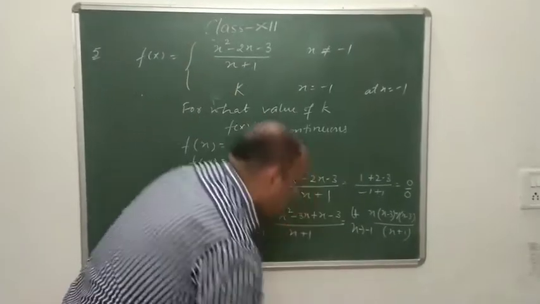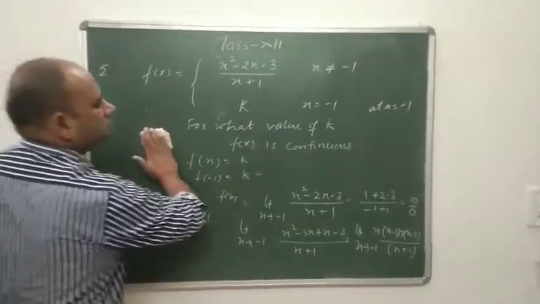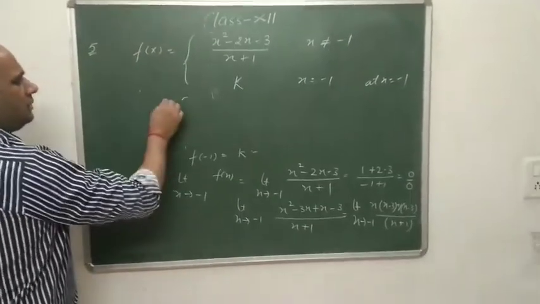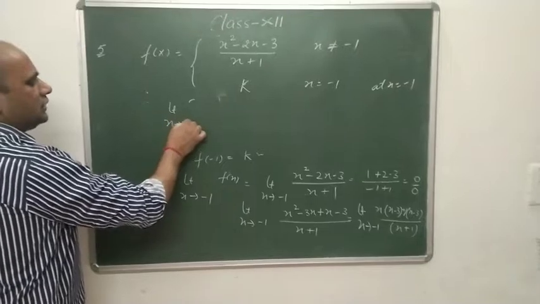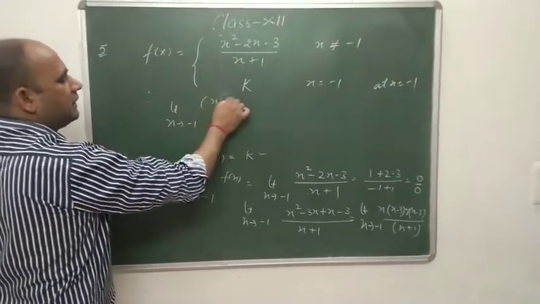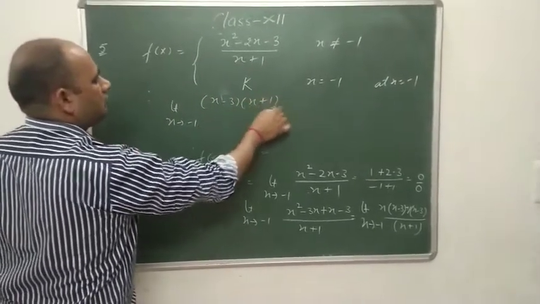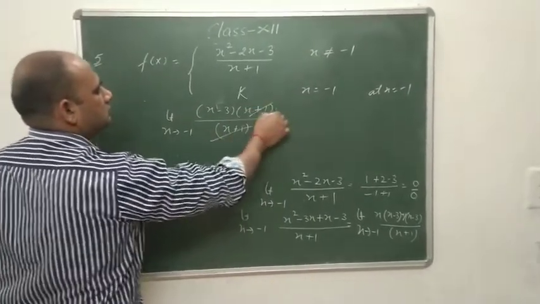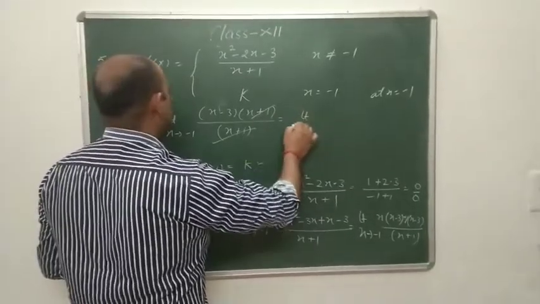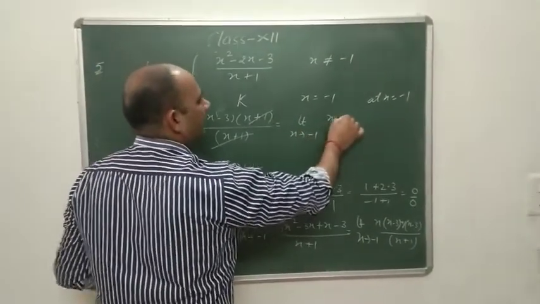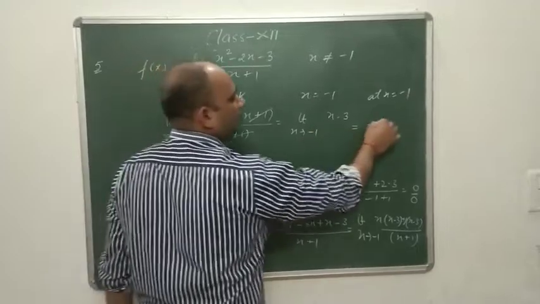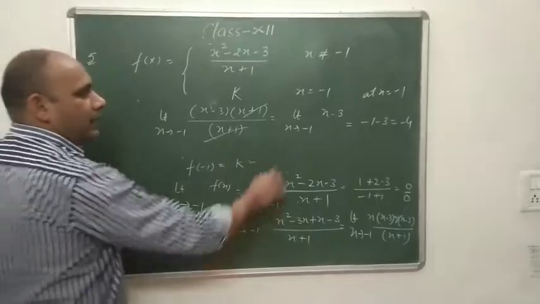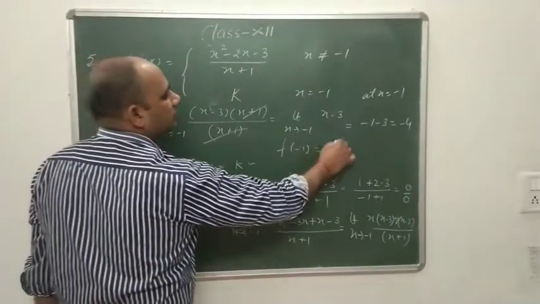Now limit x tends to minus 1 of (x minus 3)(x plus 1) upon (x plus 1), which is limit x tends to minus 1 of (x minus 3). Now you can put minus 1 here. It is minus 4. And f(minus 1) is k.